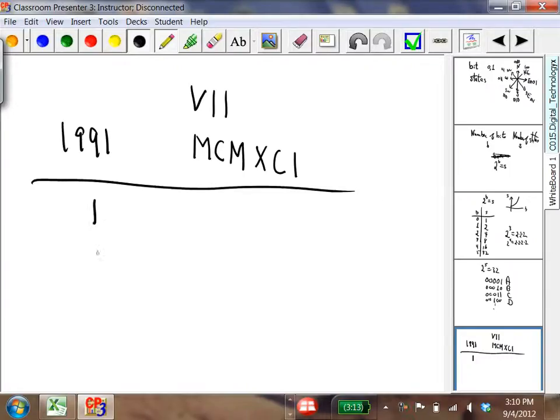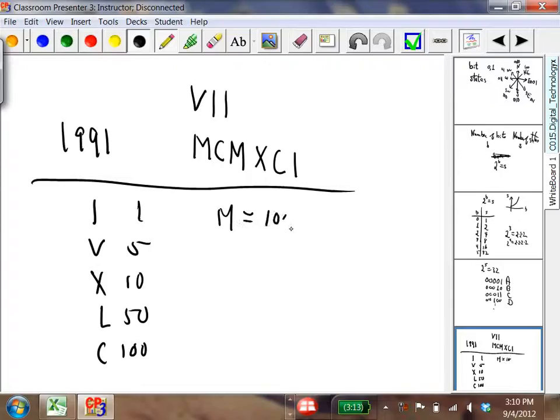V is 5, X is 10, L is 50, C is 100, M is 1,000. Actually, there's a D. D is 500. Basically, you just pick these letters and it adds up to the right amount.